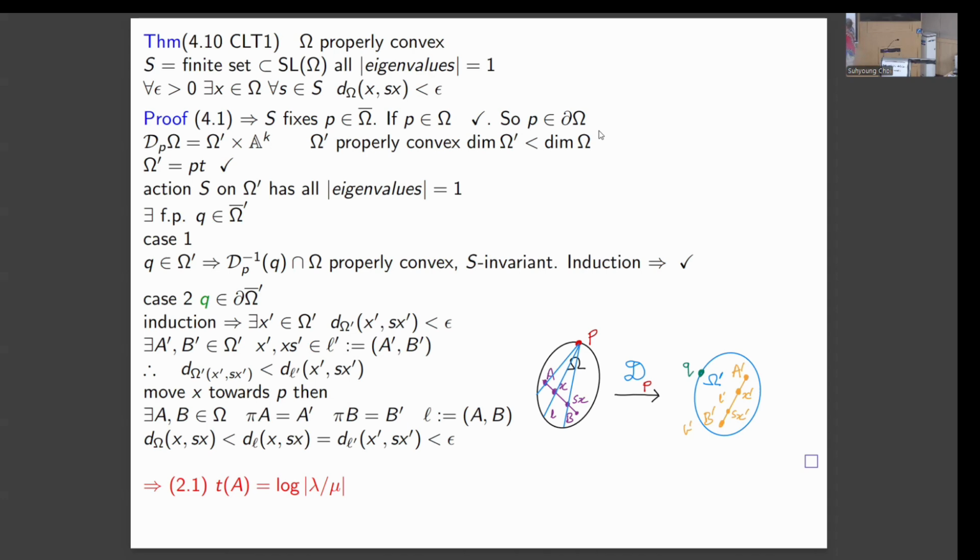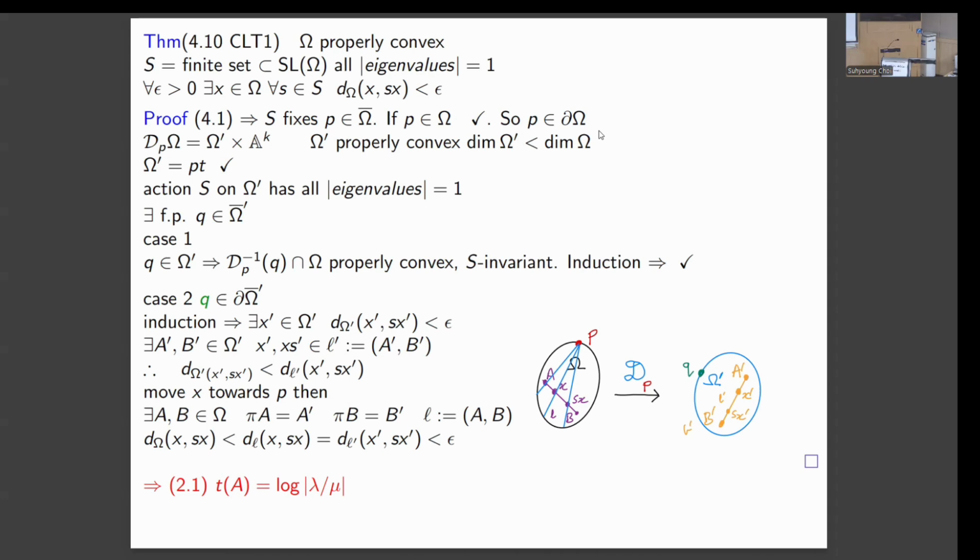And instead of measuring the distance between X prime and its image in omega prime, I measure it in this segment, called L prime. Because the segment is smaller, the distance in L prime between this pair of points is bigger than the distance in the domain. And I can choose these points close enough to the boundary that this is still less than epsilon.